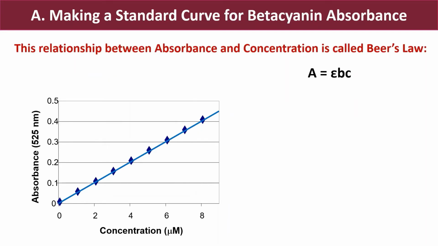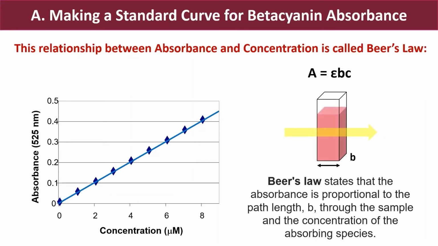Now, the relationship between absorbance and concentration is called Beer's law, or the Beer-Lambert law. This is named after a couple of scientists who initially investigated this. So if you take a look, there's a formula. Absorbance is equal to epsilon B C. So C is concentration. So what is B? B is actually the width of the cuvette.